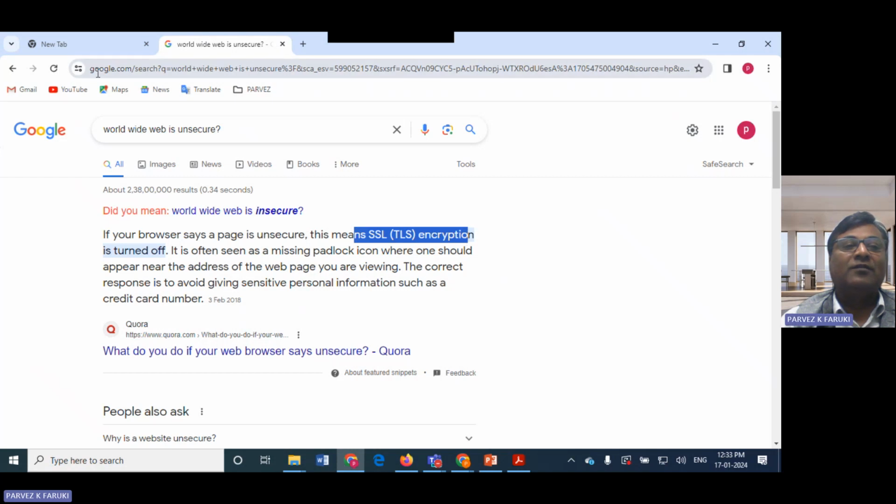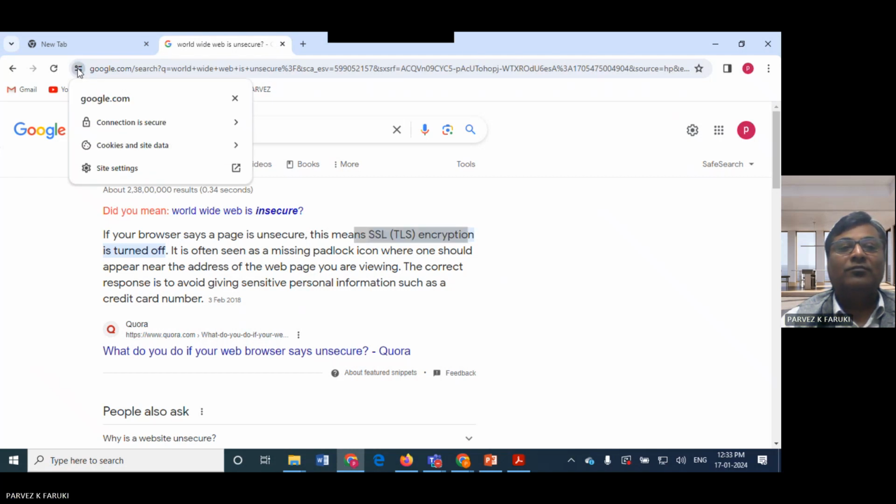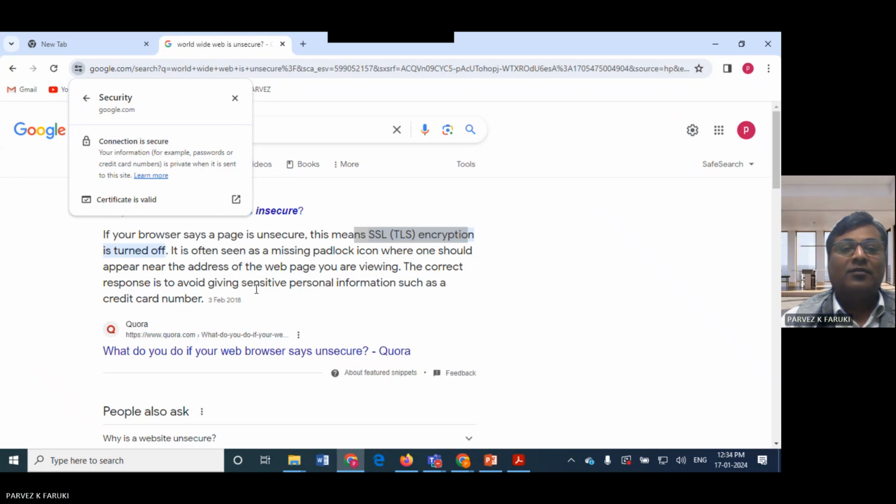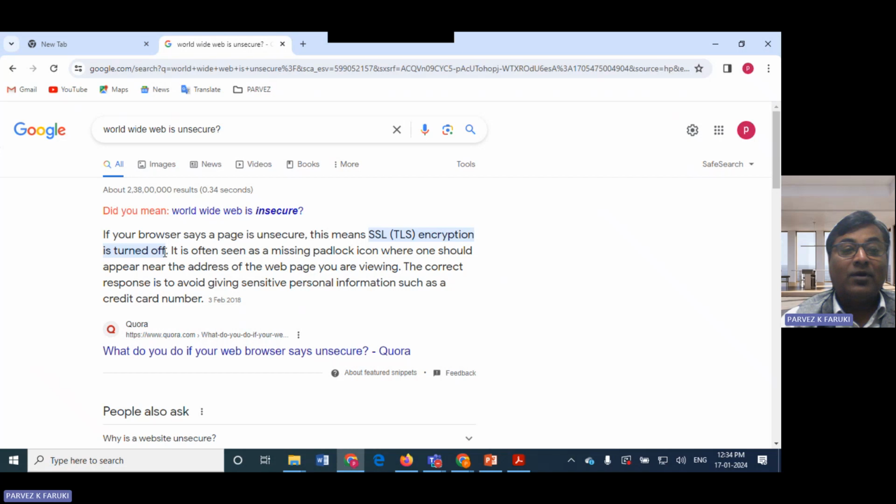SSL encryption that you just saw, this one, connection is secure, right? Is not available. And you have to remember that by default, the web or internet does not guarantee any security.